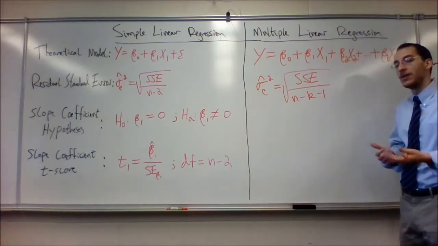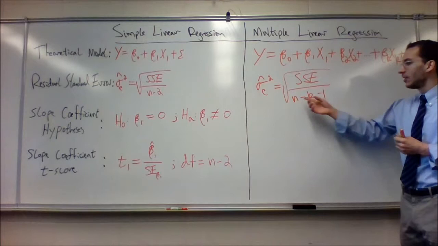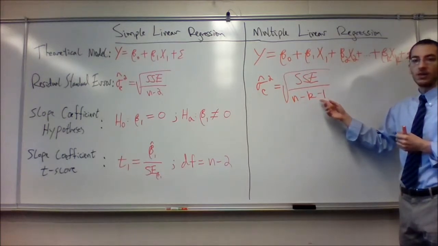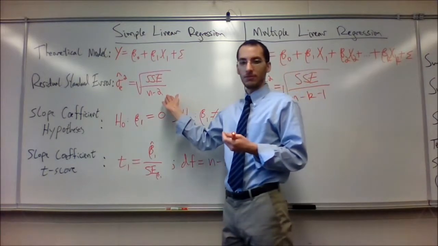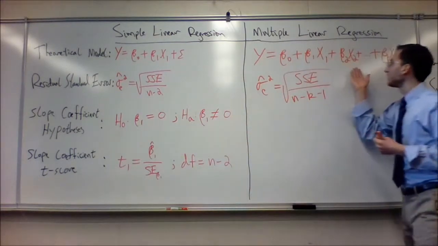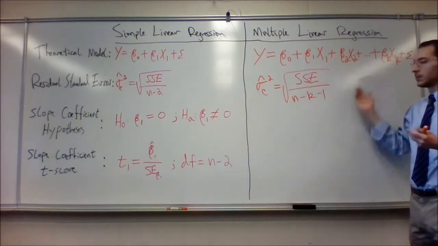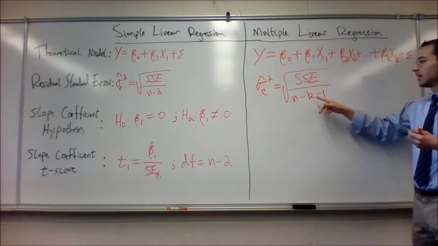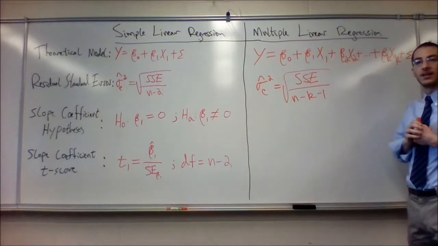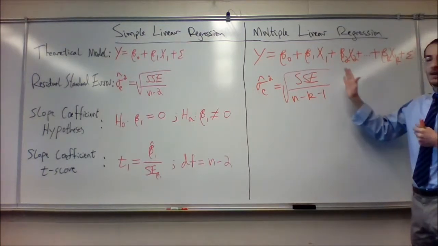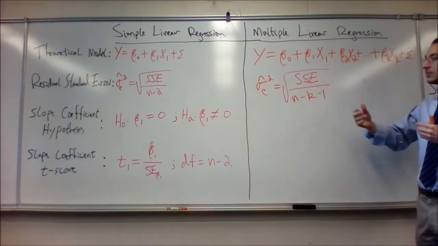I have one explanatory variable. So then this becomes n minus 2. If I have, say, 3 explanatory variables, this becomes n minus 3 minus 1, which is n minus 4.